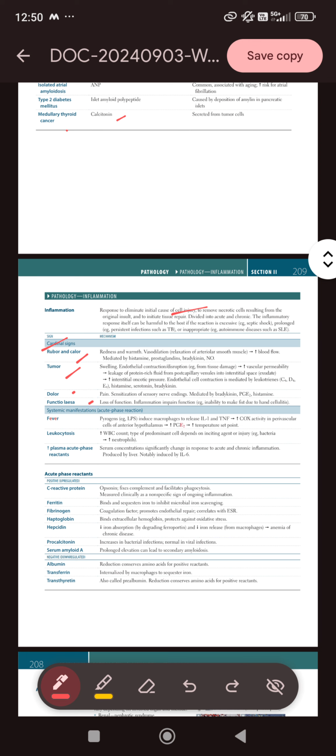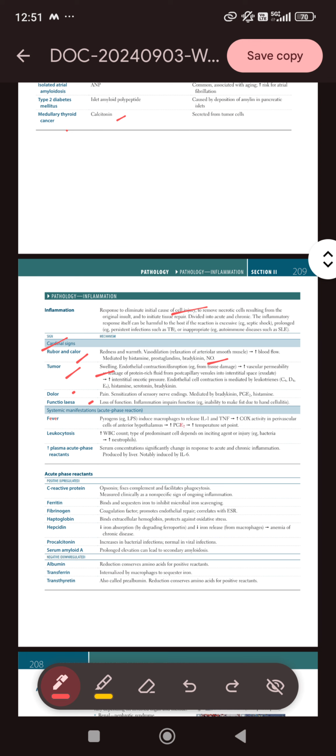It is because of increased blood flow, which is provided by histamine, prostaglandin, bradykinin, and nitric oxide. Tumor is basically swelling, and vascular permeability is increased, and that leakage of protein-rich fluid from the post capillary venules into the interstitial space increases the oncotic pressure, and there is fluid flow which causes the swelling.